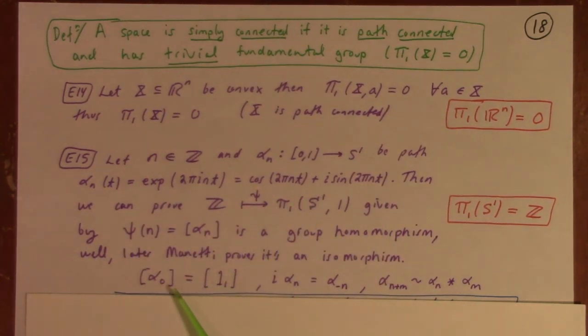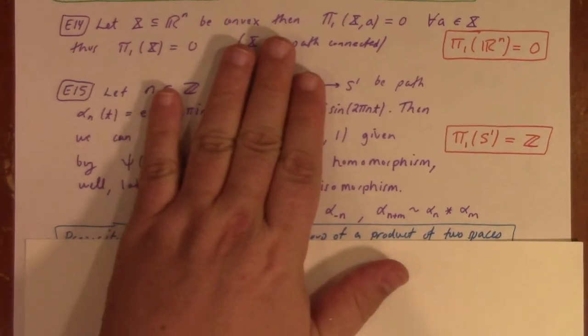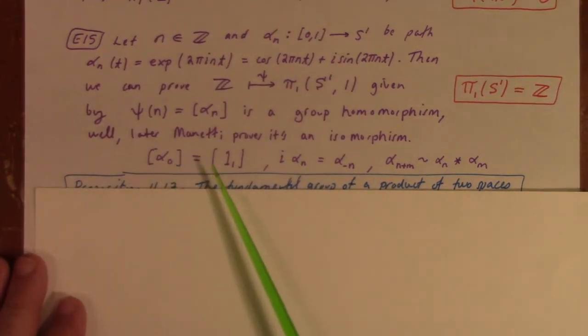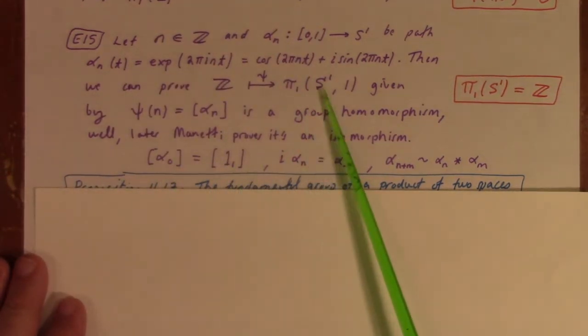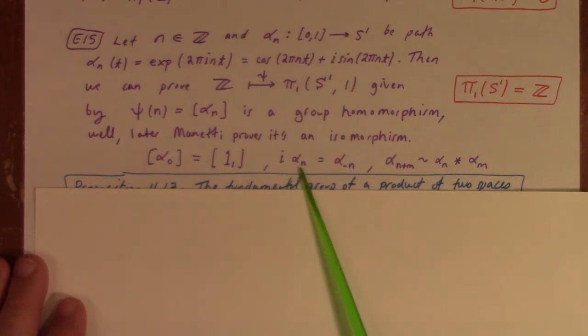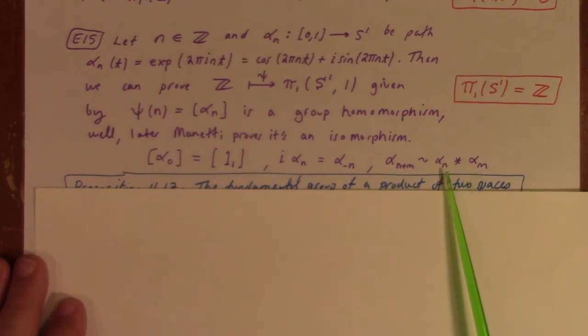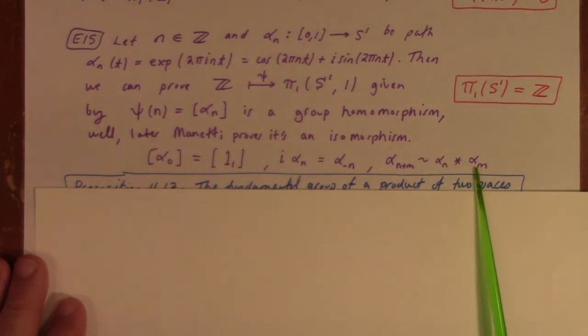I guess Minetti later proves it's an isomorphism, but for now I'll just mention that you can prove these formulas for it, namely that the zero map maps to the identity on the fundamental group, and the reversal of n is actually just alpha of minus n, and if you join n and m, this is very obvious if you think about it: if you wind around a circle n times, and then you go around another path that winds around it m times, then what you've got is n plus m winds around the circle, right?